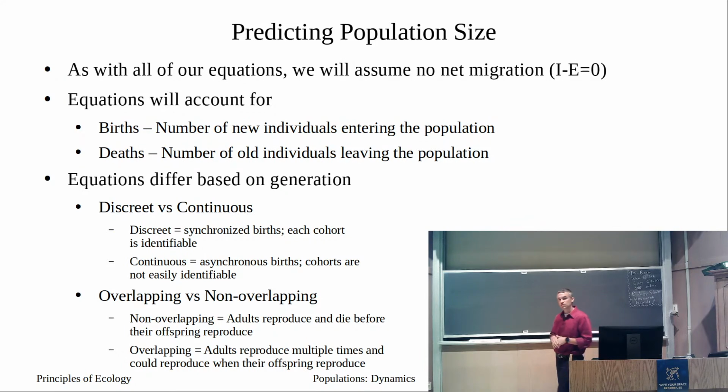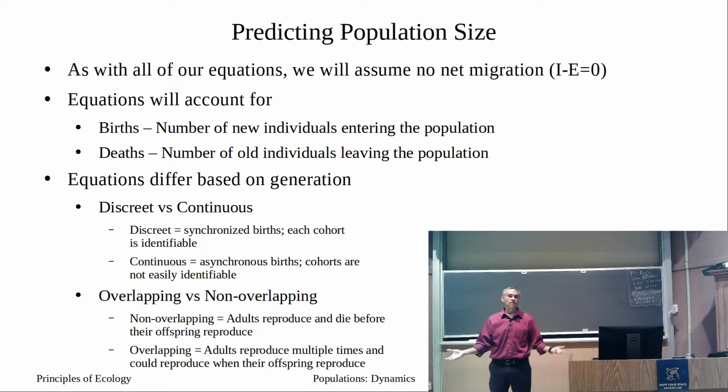A continuous generation is one where we don't have that synchronized births. So births can happen year-round, and what that means is that we can't easily identify a cohort. Some of us will try to identify it and say, well, we'll say everyone that's born in 2020 represents our cohort. But that's such a wide span.